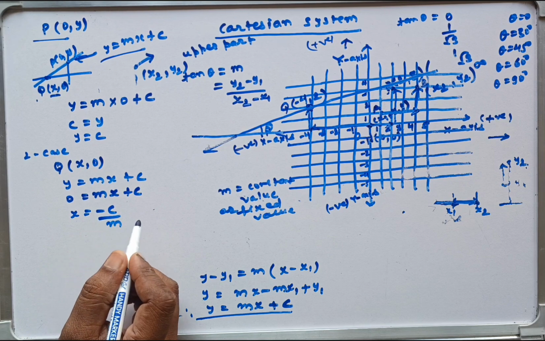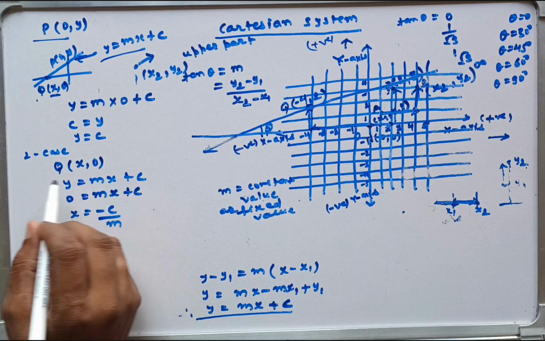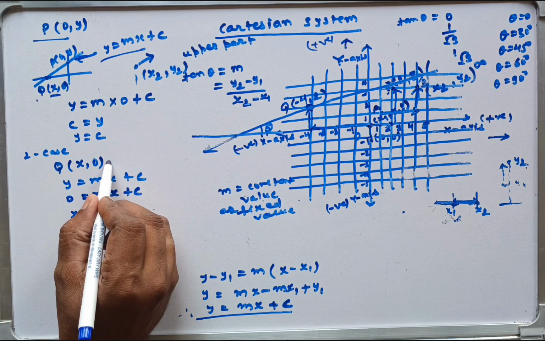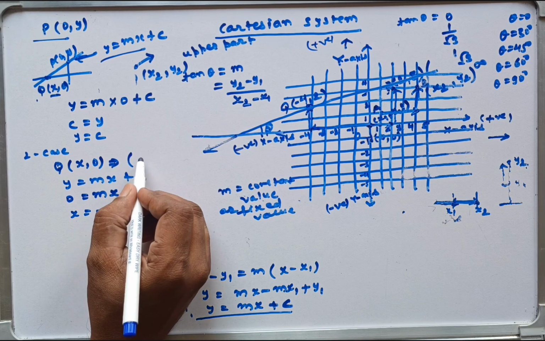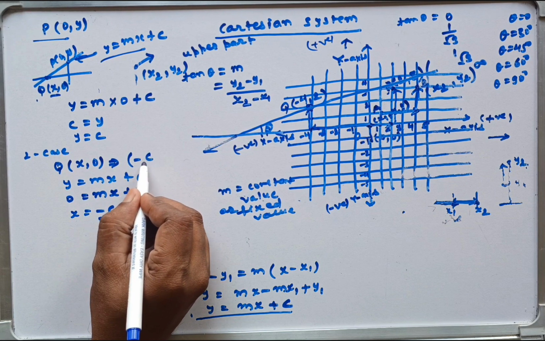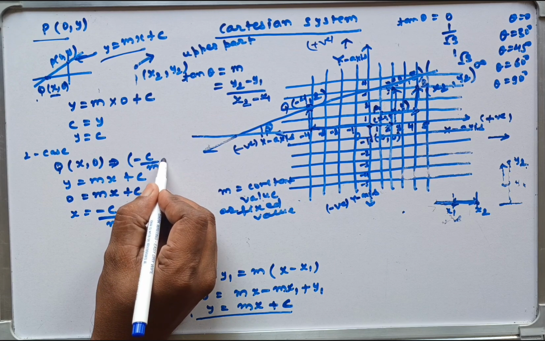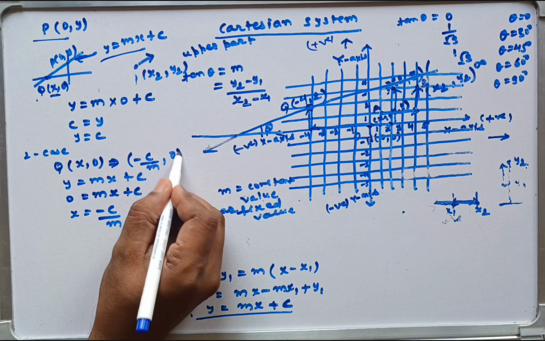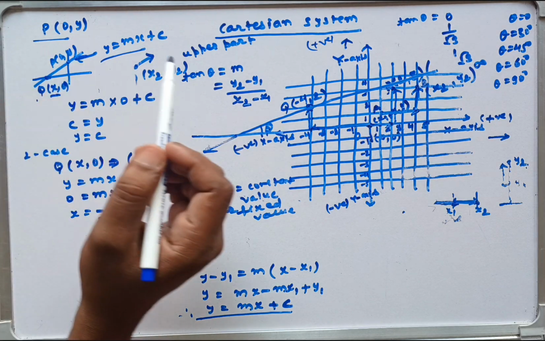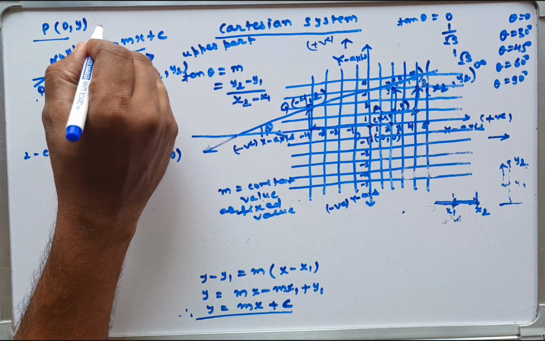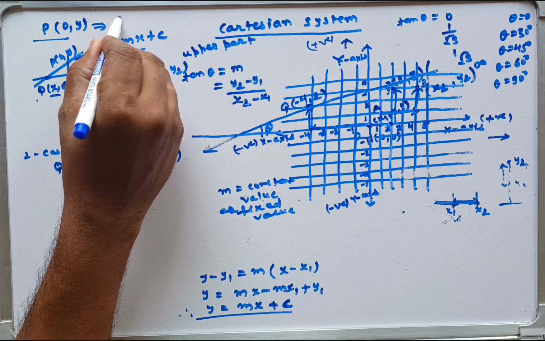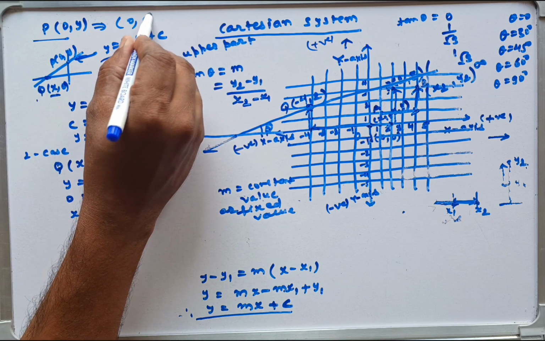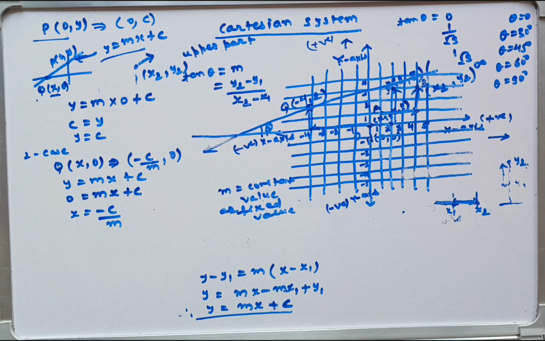So the coordinate of Q equals (minus c by m, 0), and this P point coordinate equals (0, c).